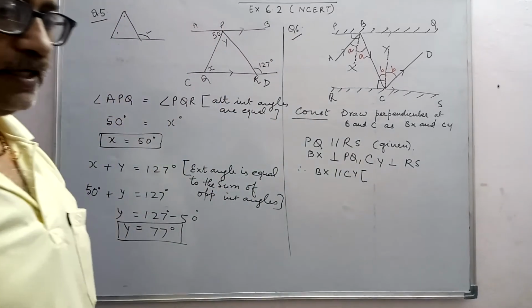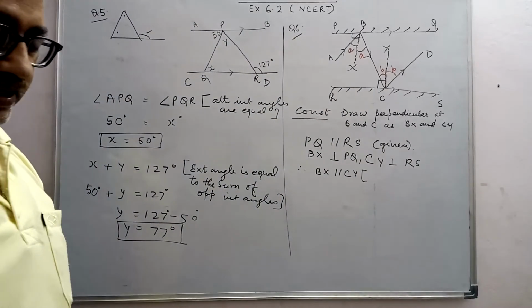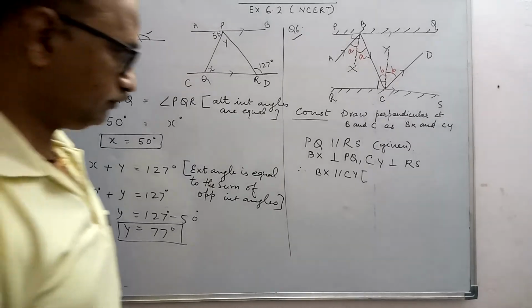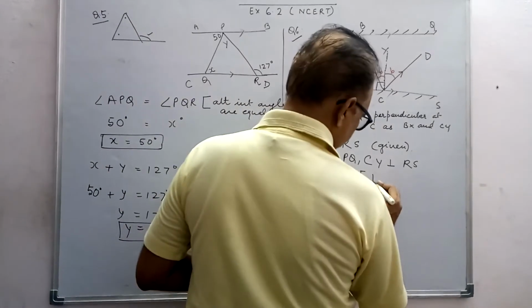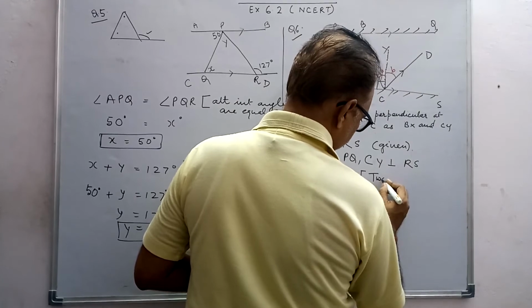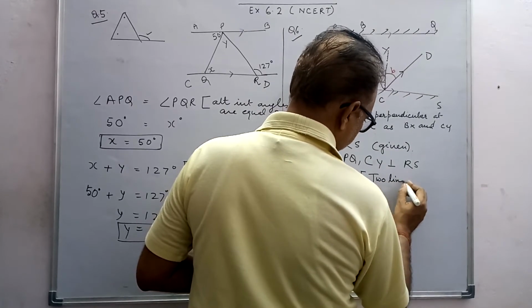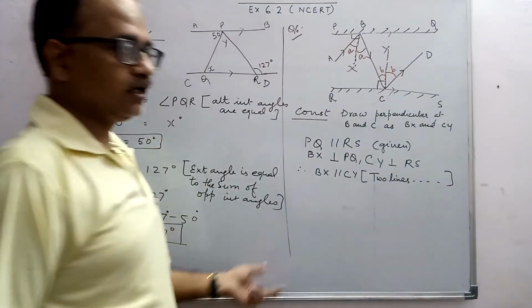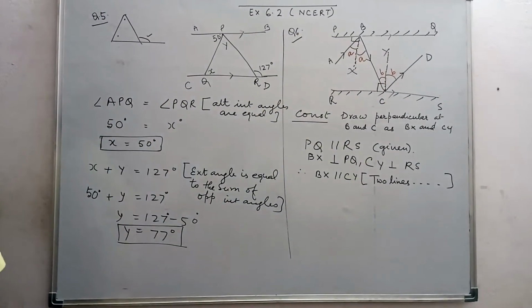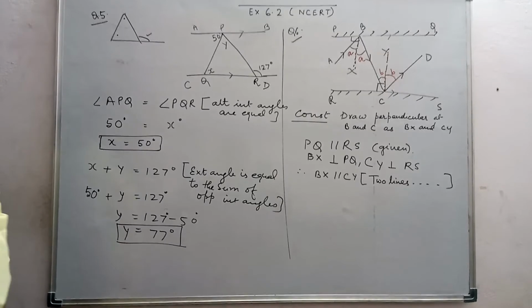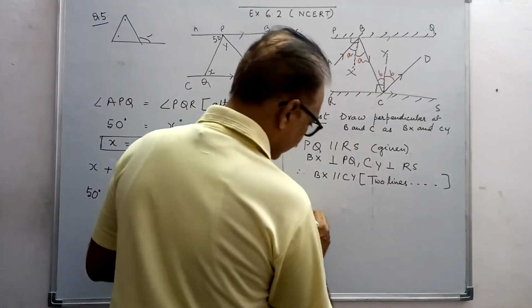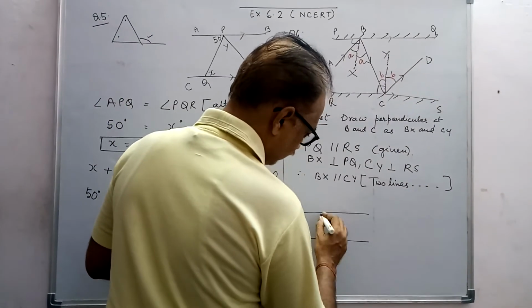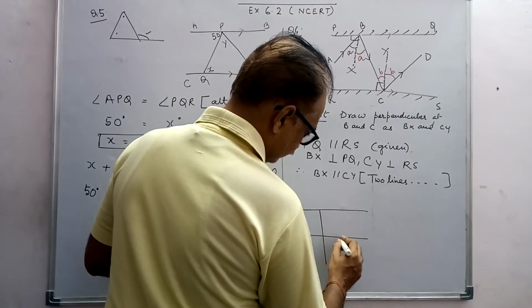Reason, write down: two lines that are both perpendicular to two parallel lines are parallel to each other. So if there are two parallel lines, you see this is perpendicular here, this is perpendicular here.